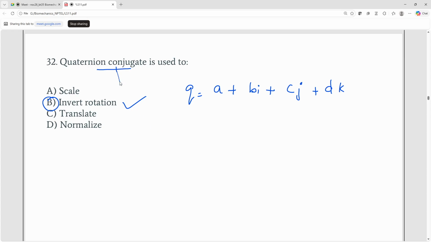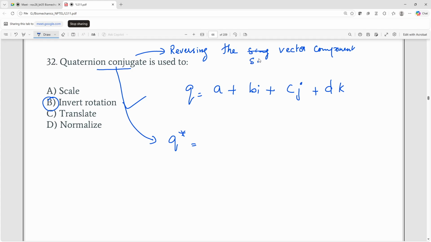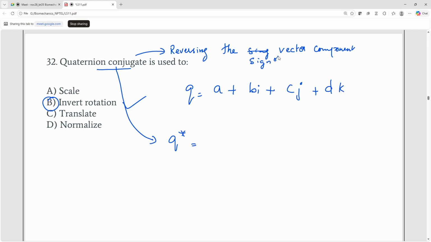A quaternion conjugate is written as q star, and it is obtained by reversing the sign of the vector components.